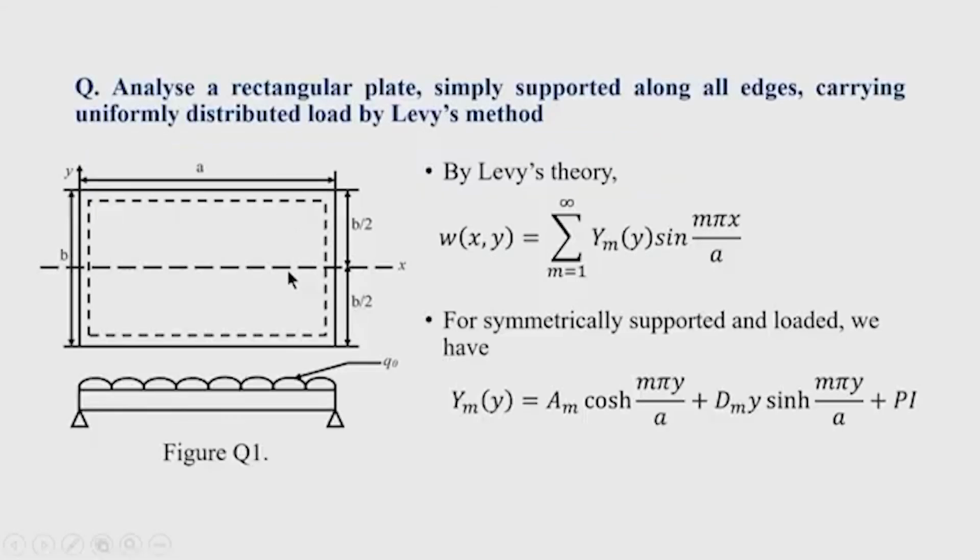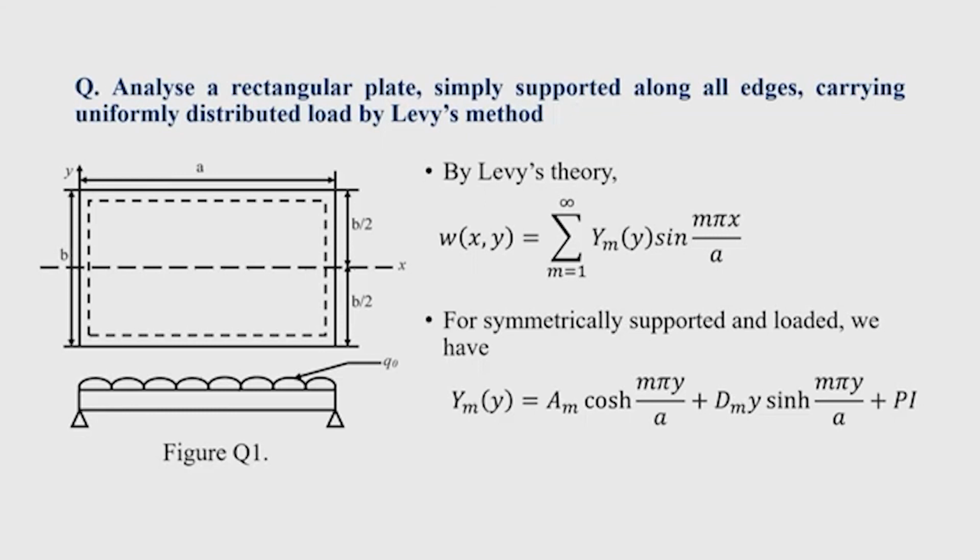Now, let us illustrate the Levy method in a rectangular plate which has two opposite edges simply supported. There is no restriction that the method can only be used for all edges simply supported.